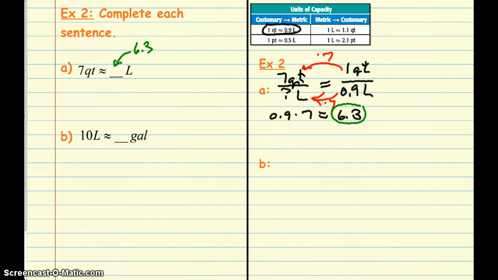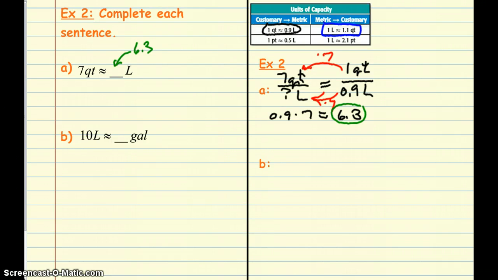Now with example 2, letter B, we can't go straight from liters to gallons. But what do you know about liters? I know that I can go from liters to quarts. If you look up at the table, we have liters and quarts.